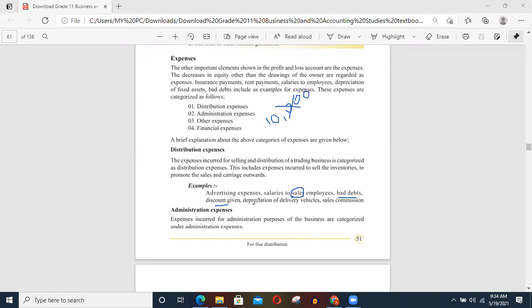And the next one is depreciation of delivery vehicle. This is more like a new word for us. Depreciation means, let's say the value of our vehicle at the start was 1 lakh.